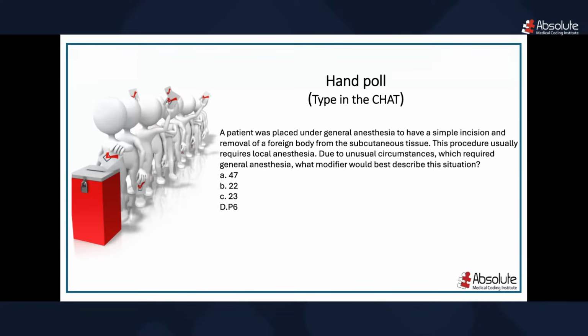A patient was placed under general anesthesia to have a simple incision and removal of a foreign body from subcutaneous tissue. The procedure usually requires a local anesthesia, but due to unusual circumstances, general anesthesia was required. What modifier would best describe the situation? Okay, you all are so fast that you started placing the answers way before I completed reading the scenario.